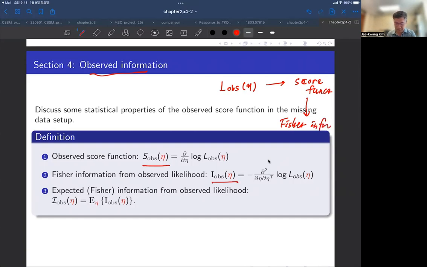And if you take the expectation, this is a function of the parameter only, right? That is called the expected Fisher information.